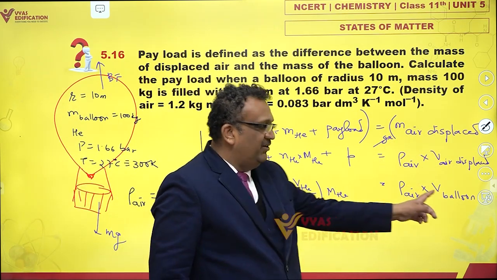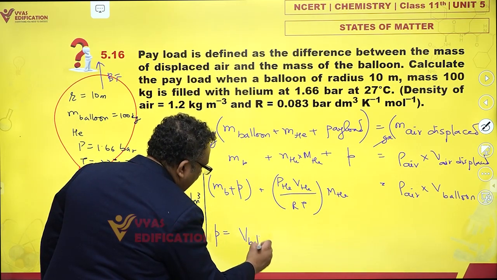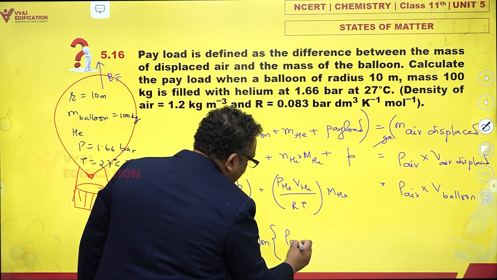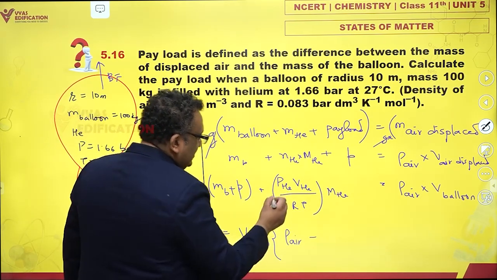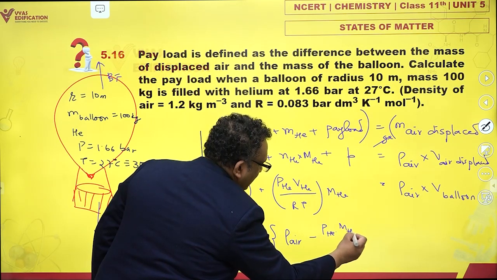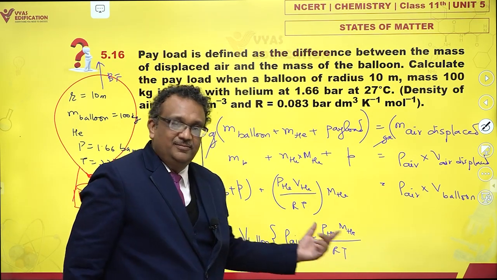Now volume of helium and volume of balloon are the same, so volume of balloon becomes common. This is density of air minus all this goes on that side. What is this? Pressure of helium into molar mass of helium by RT. Actually, this is nothing but density of helium.